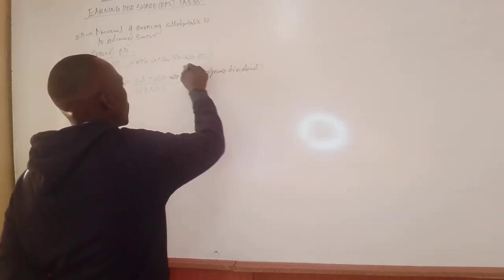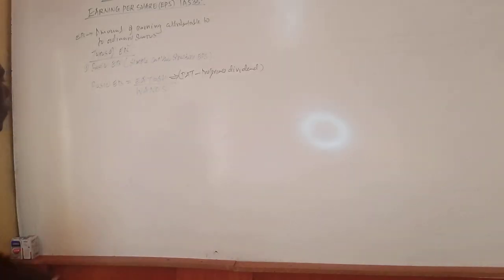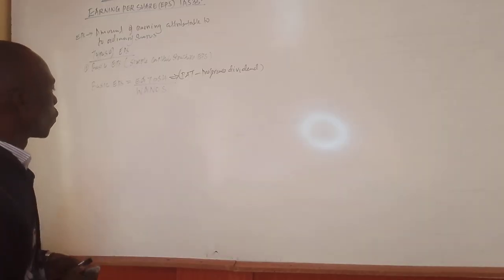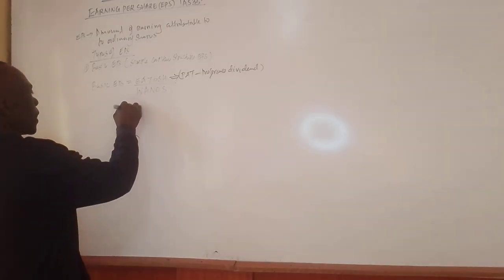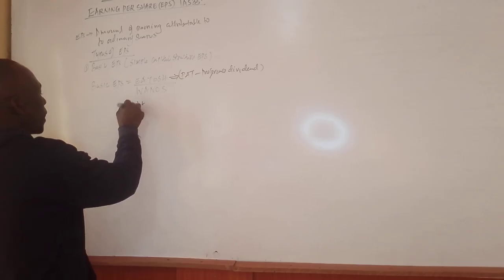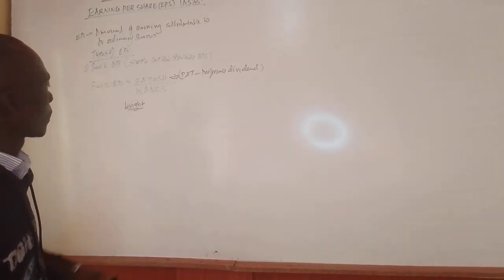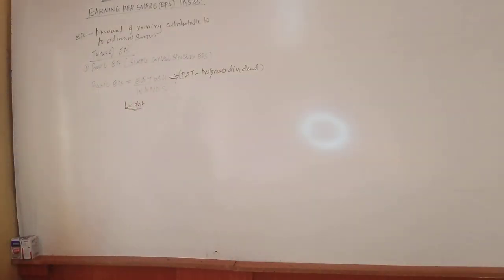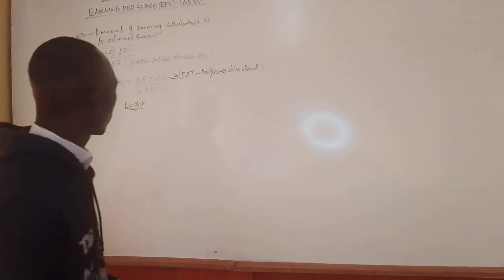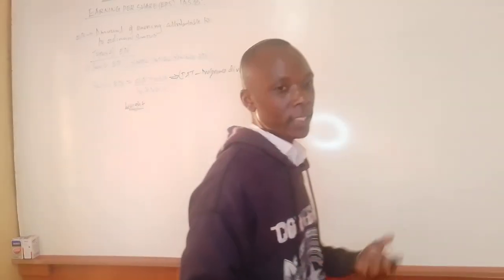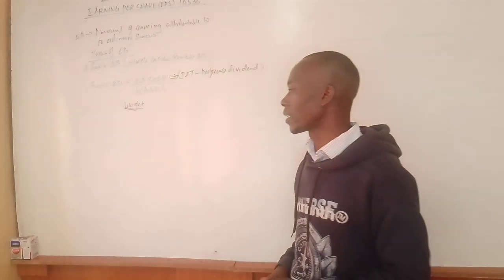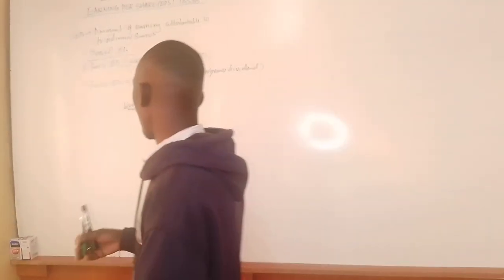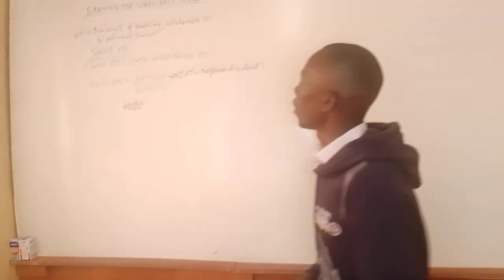Then the other one, you are going to weight the shares by looking at the weighting factor. Remember, you are going to weight the shares which were issued during a given period, together with the timeline when these shares were issued up to the end of the financial year.